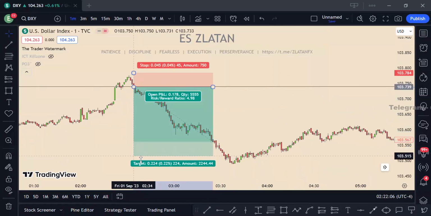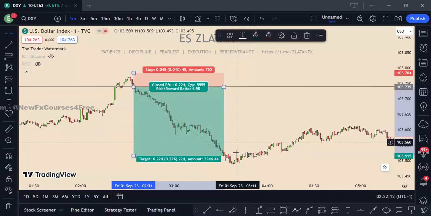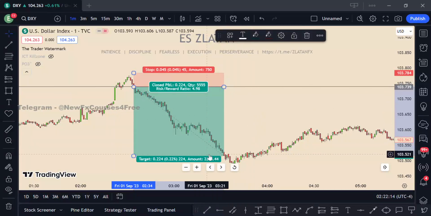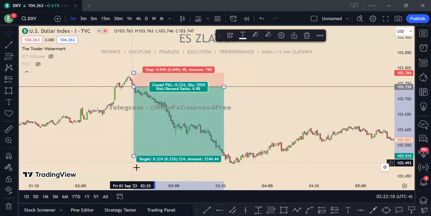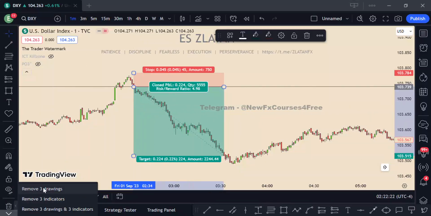Take your time and practice it, folks. This is the way the market books, right? The highs and lows. There's always something there. It's there for a purpose, the highs and lows, right? So that's your entry technique.